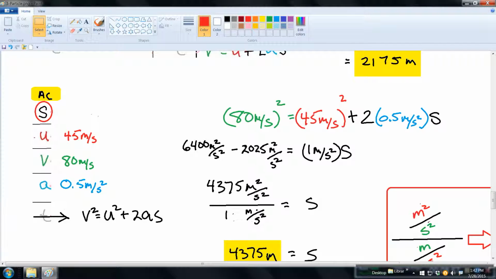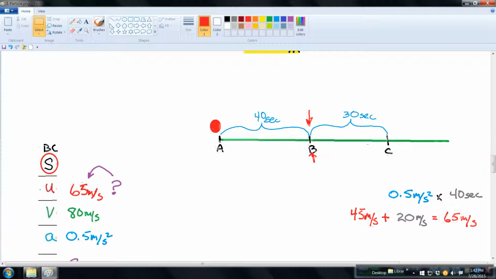So from A to C, u was 45 and v was 80, and we've got our acceleration, so we have enough for a SUVAT. We can find A to C using SUVAT, and you can see the work on that.